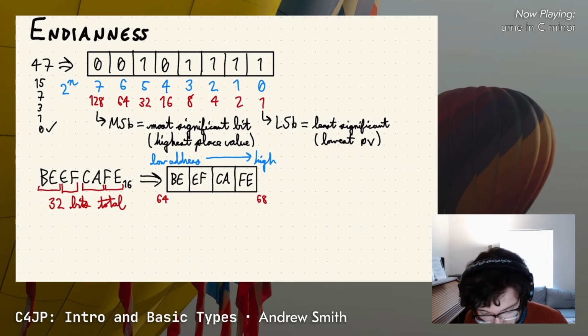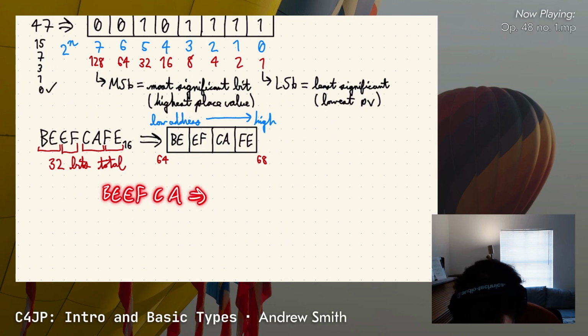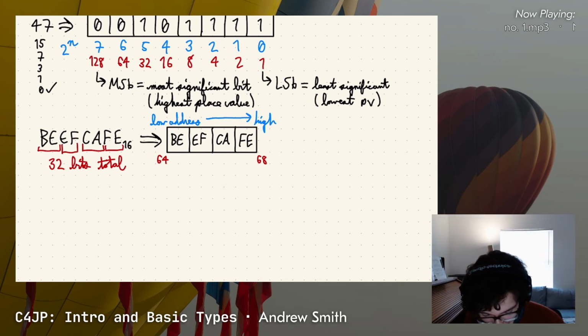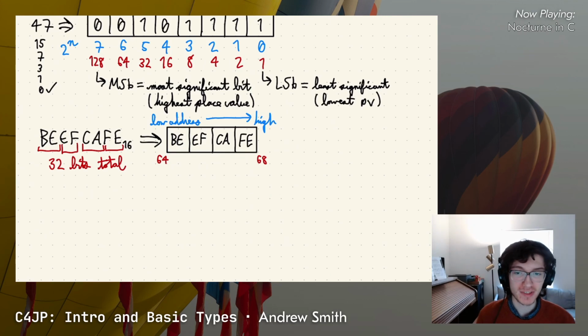So if we just had BEEFCA, then we would end up writing it as 00BEEFCA, padding out the beginning of that number with zeros, just to indicate that there is no value in that place.